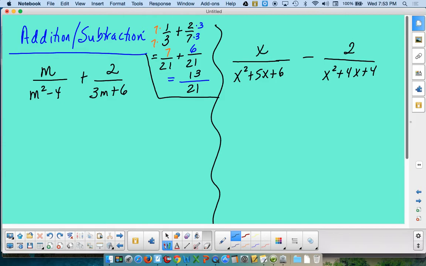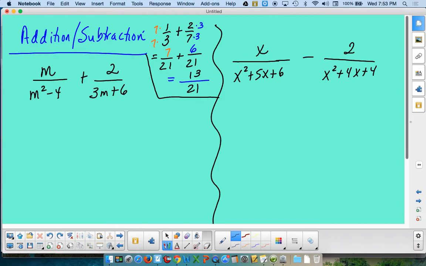Now for us, though, it gets a little trickier. I could look at that one and go, oh, 3 and 7, the common denominator is 21. You can't do that so easily. To figure out the common denominator, you first have to find the factors of the denominator to see what you need in your common denominator. Notice this is a plus sign, so there is absolutely no cross-canceling between these fractions.